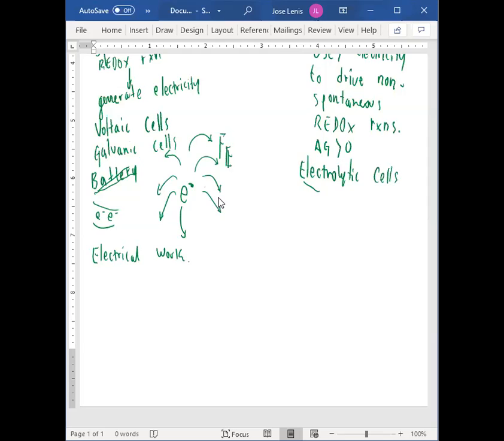In a voltaic cell, we have a chemical reaction, which is spontaneous, and those chemical species have chemical bonds and they store chemical potential energy. And that chemical potential energy is transformed into electrical work.